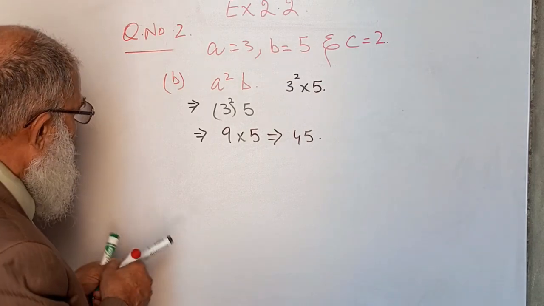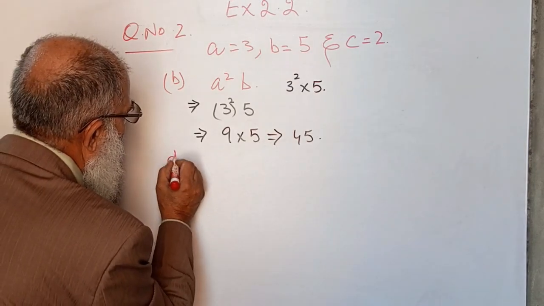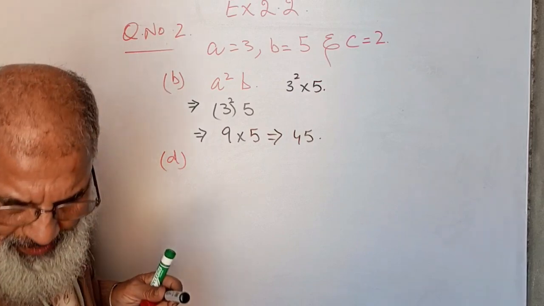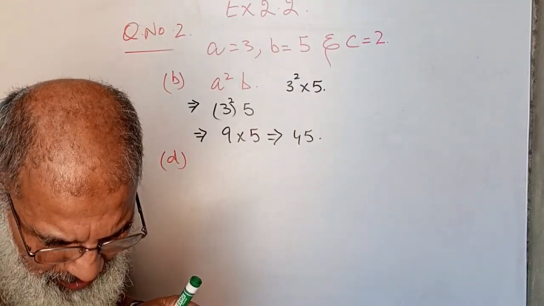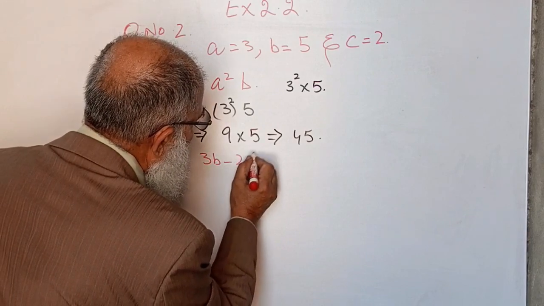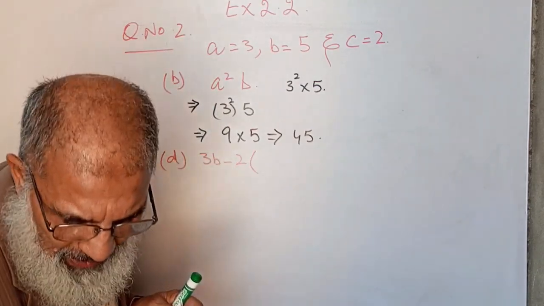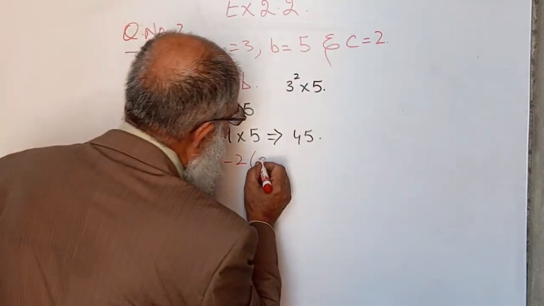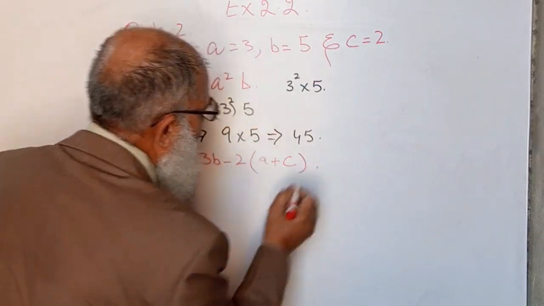Part D. The part D is 3b minus 2, and in parenthesis is a plus c.